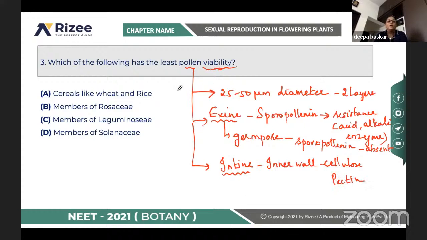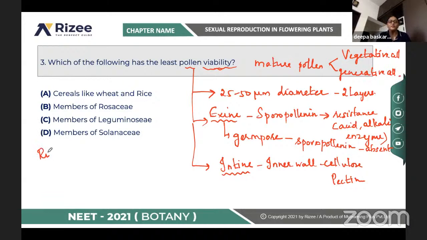These pollen grains have a lifespan. A mature pollen is made up of a vegetative cell and a generative cell.